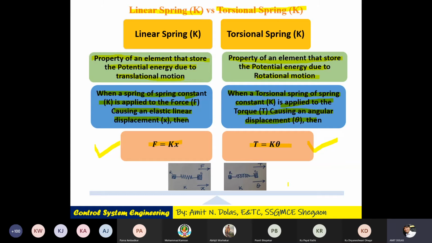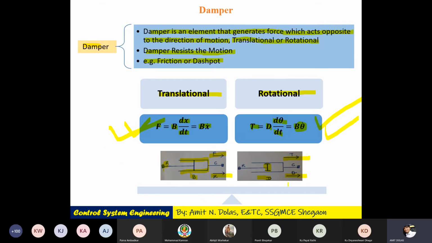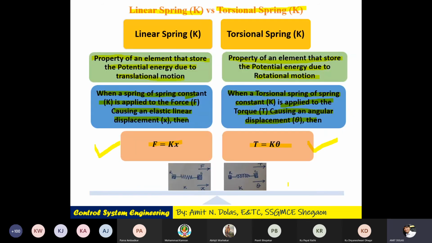Then damper and displacement, F is equal to b x dot, and spring and displacement, that is F is equal to kx. So wherever there is a certain mechanical system, you will be using these rules to get the mathematical form of the system.